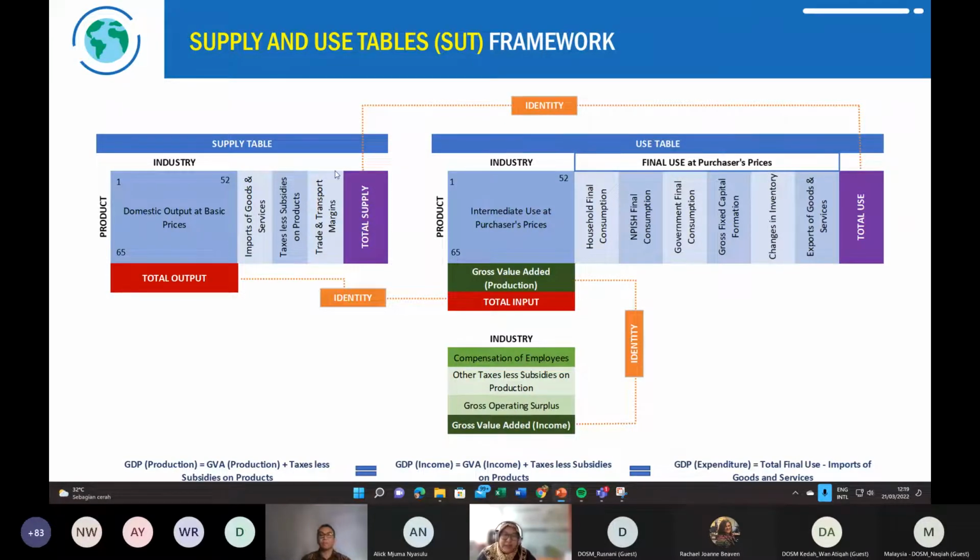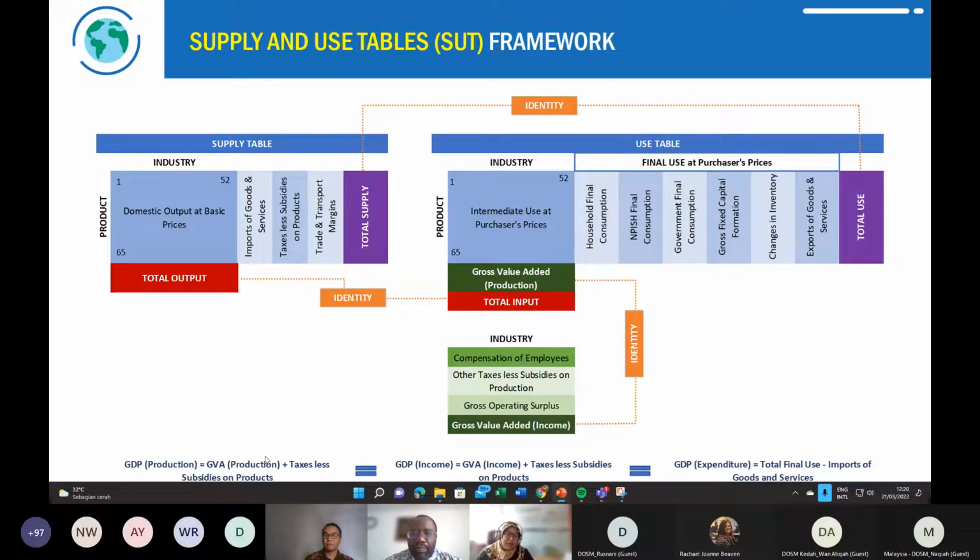The supply and use table also depicts the production account and the generation of income account in an integrated way. There are also 3 identities that we have to check in compiling supply and use. The first identity is that total supply must equal total use for each product. The second identity is that total output must equal total input in each column. The third identity is that gross value added in the production approach must equal gross value added in the income approach.